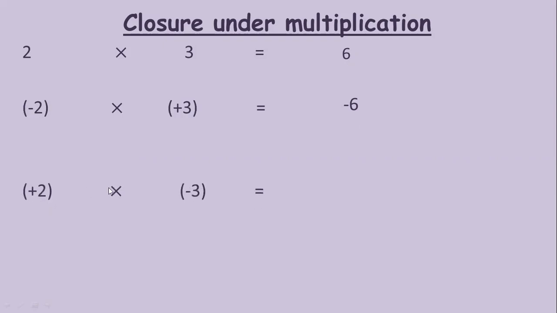Multiply plus 2 and minus 3. How many negative signs here? Only one. So minus. 2 3s are 6, minus 6. See, these are all integers multiplied by integers. The answer is also an integer. So when an integer is multiplied by an integer, the answer is also an integer.